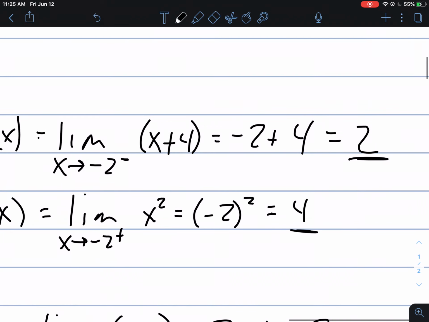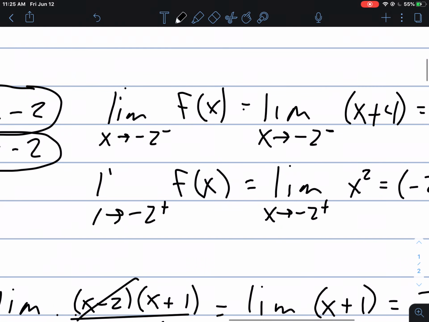Then I can use direct substitution as we approach negative 2 from the left, and we said direct substitution works for one-sided limits. I can plug negative 2 in, and I've got negative 2 plus 4, or 2. And so that would be the limit as x approaches negative 2 from the left. Then we repeat the process for the right side.